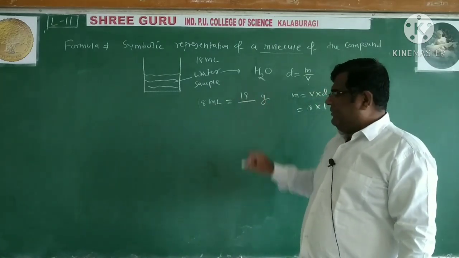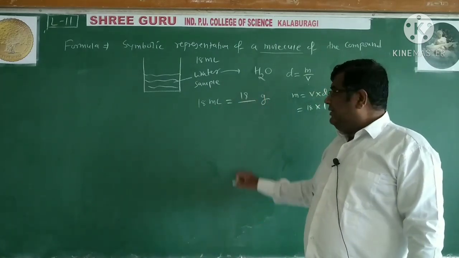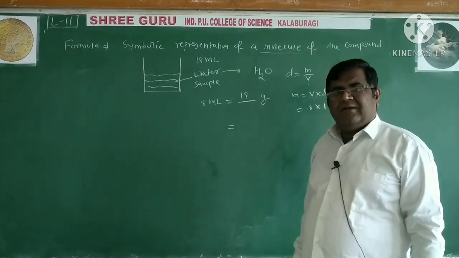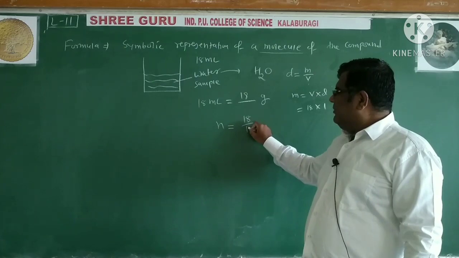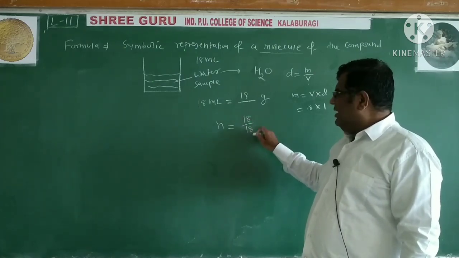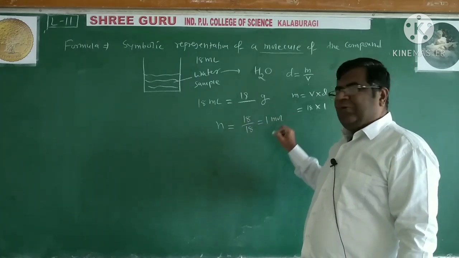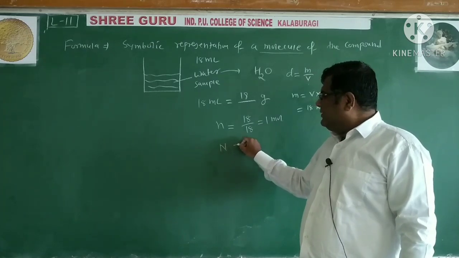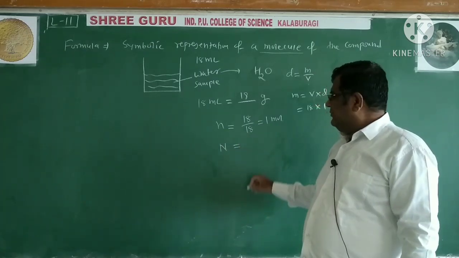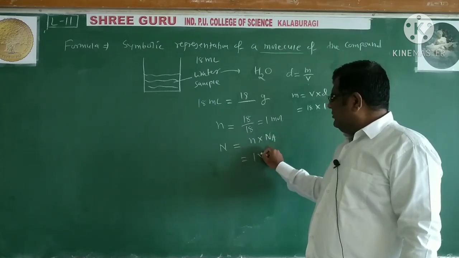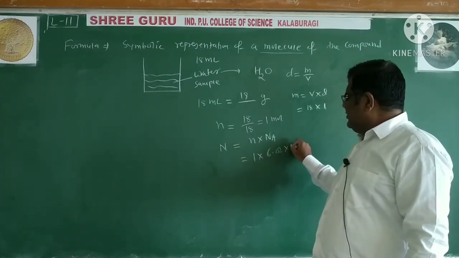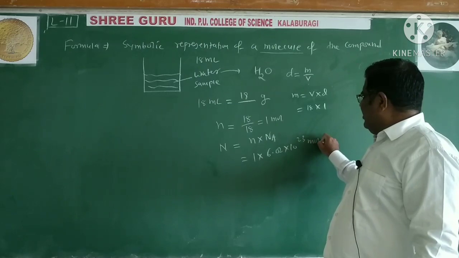So it is 18 gram. 18 gram water means how many moles? 18 by 18, mass by molar mass, 1 mole. How many molecules? Number of molecules is equal to number of moles into Avogadro number: 1 into 6.02 into 10 to 23 molecules.